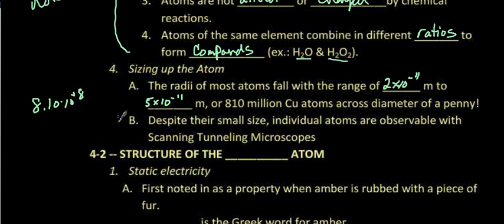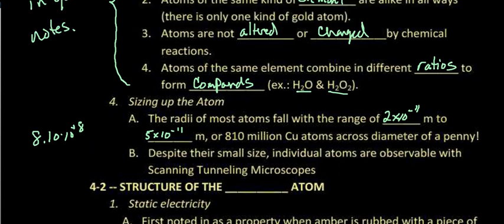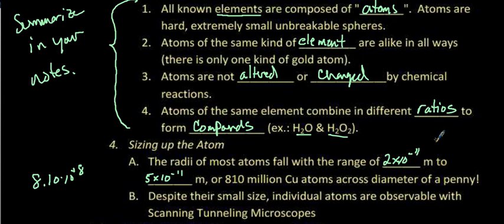Copper atoms can fit across the diameter of a penny. That's huge. And even though they're very, very small, we're actually able to see individual atoms with a scanning tunneling microscope, which fires electrons at a particular atom and bounces back, and we can image the atom from there.